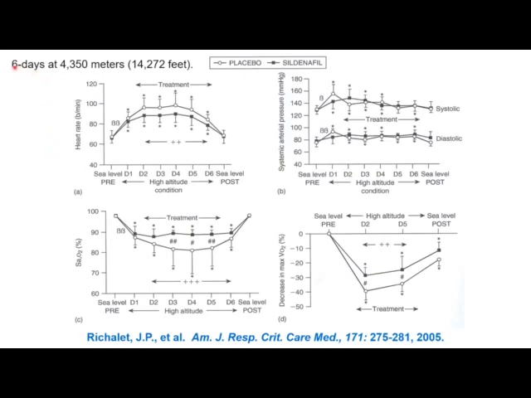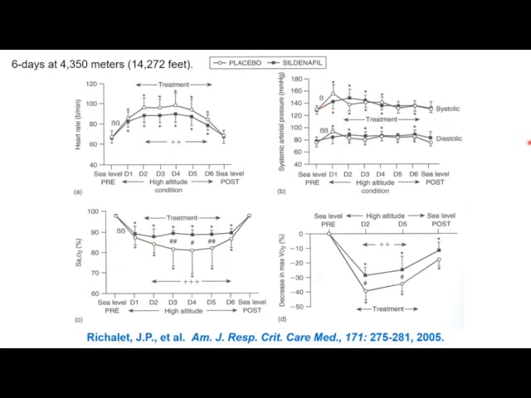And what you can see here is 6 days at 14,000 feet, 4,300 meters, and what's plotted is heart rate versus days at this altitude. And you can see that it's slightly lower in the sildenafil treated patients when they're at altitude. The oxygen saturation is slightly higher in the sildenafil treated patients when they're at altitude.